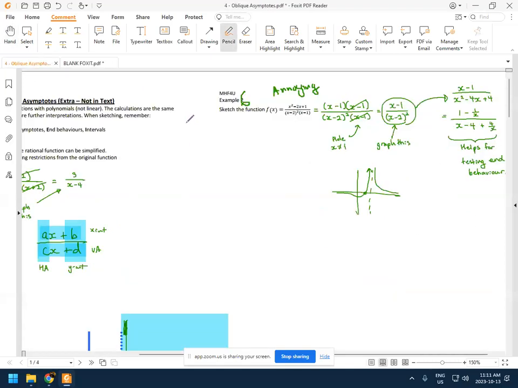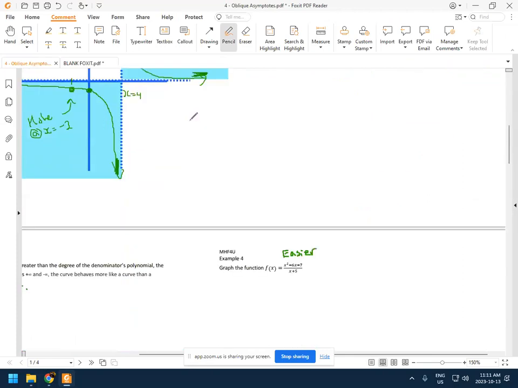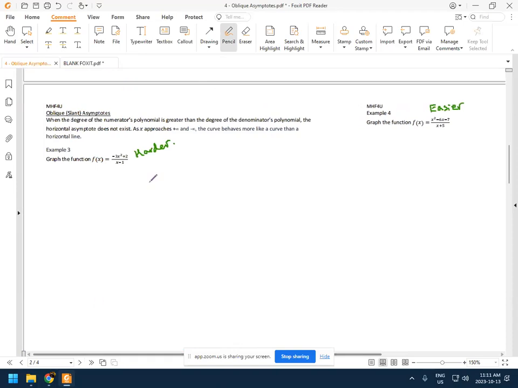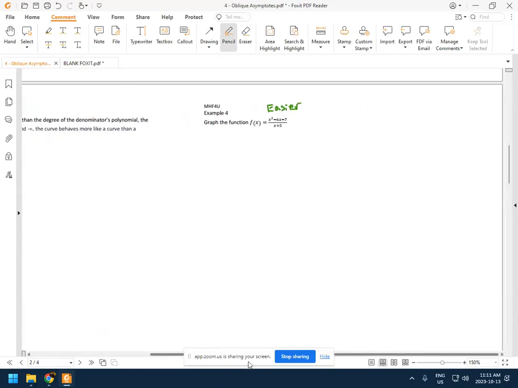I understand that I probably took up a lot of space in getting you to write it. I'm going to recommend you try this harder one on a separate piece of paper. Let's ease into it by doing this easier one. Let's use up all the paper space. And I realize now maybe I should have given you a full piece of paper.